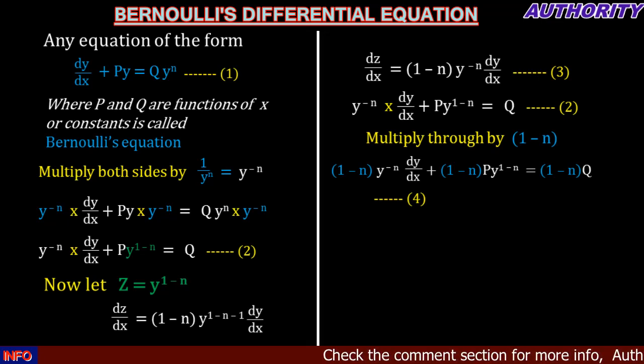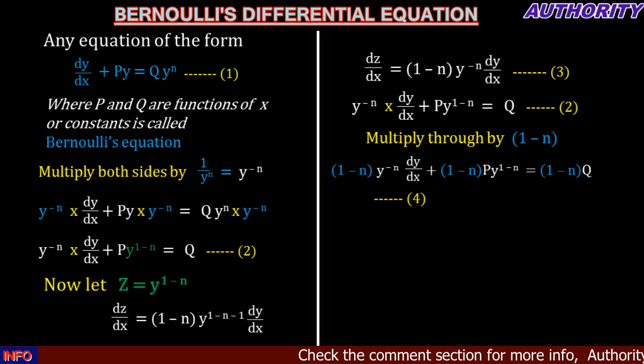Now, from this equation 4, you can see clearly that we have something in common with equation 3. This first term, we have 1 minus n in bracket y raised to power minus n dy dx. It's the same thing as what we have in equation 3. So we are going to substitute it with dz dx.